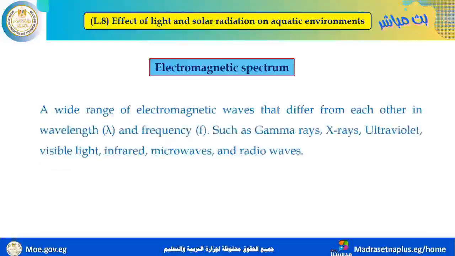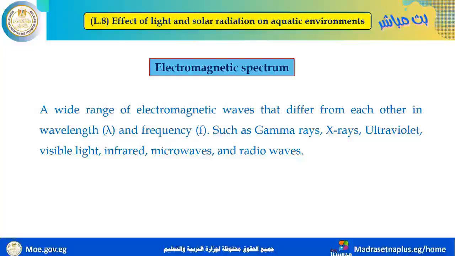The electromagnetic spectrum is a wide range of electromagnetic waves that differ from each other in wavelength and frequency, such as gamma rays, X-rays, ultraviolet, visible light, infrared, microwaves, and finally radio waves.